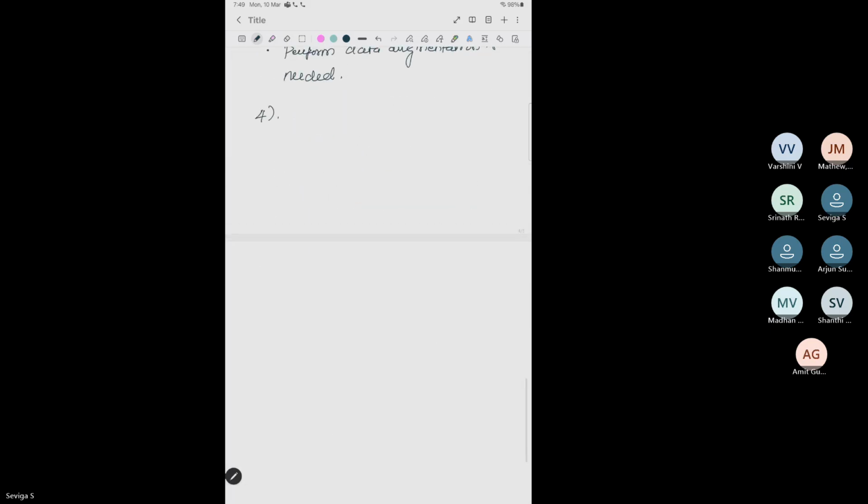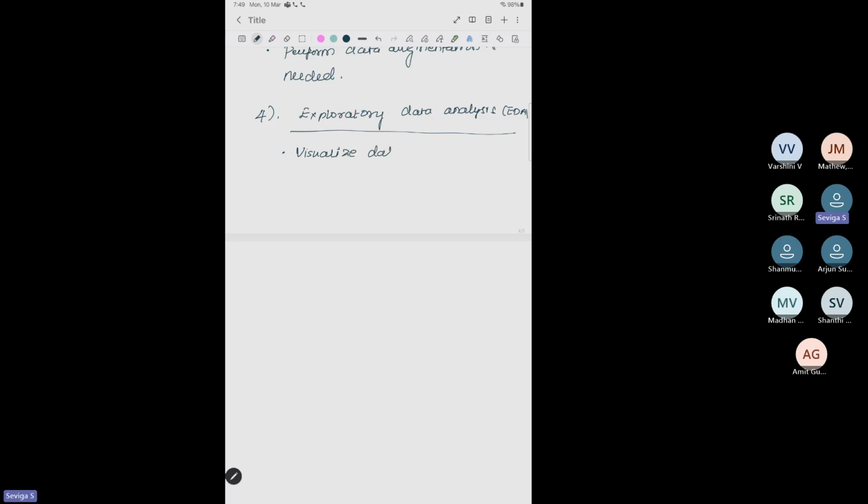Suppose you are doing exploratory data analysis. What you need to do is visualize the data distributions and correlations. Visualization of data is very important.